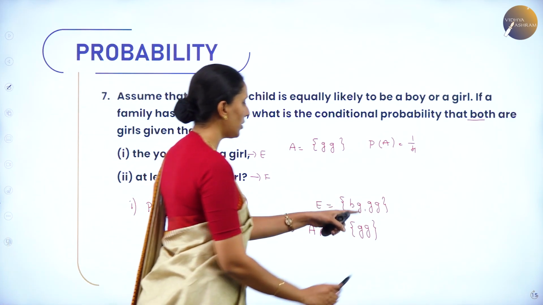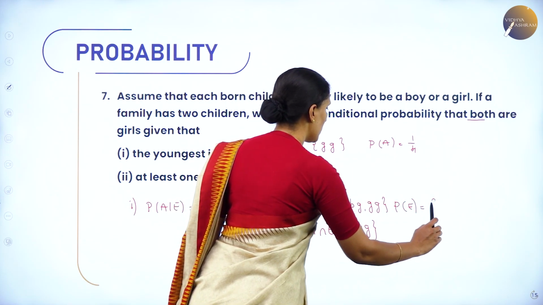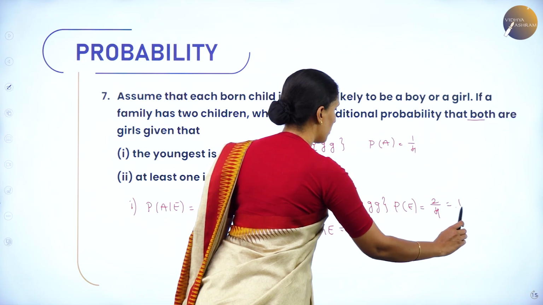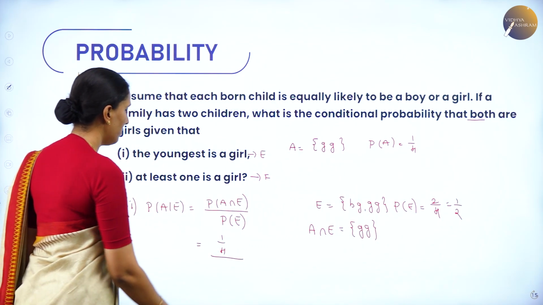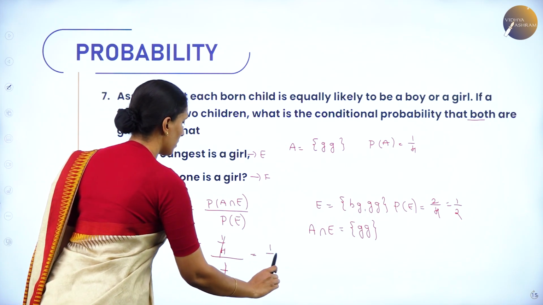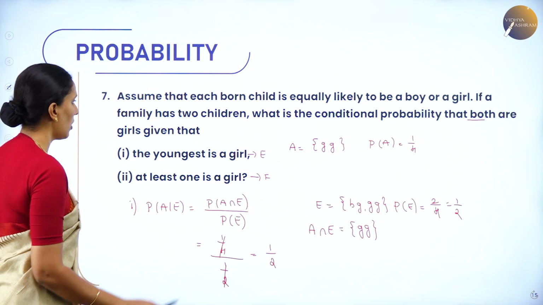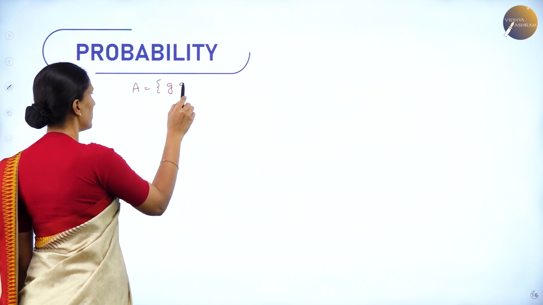If you calculate probability of E here, it is 2 by 4 which is equal to 1 by 2. Now if we apply here, 1 by 4 divided by 1 by 2, the value is equal to 1 by 2. Now let us keep the set A as G, G.